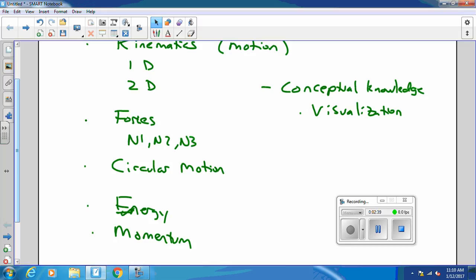Visualization. Second of all, important definitions. All of you should be able to tell me what velocity is and what speed is and why they are different. And then finally, what I call folklore, important facts.